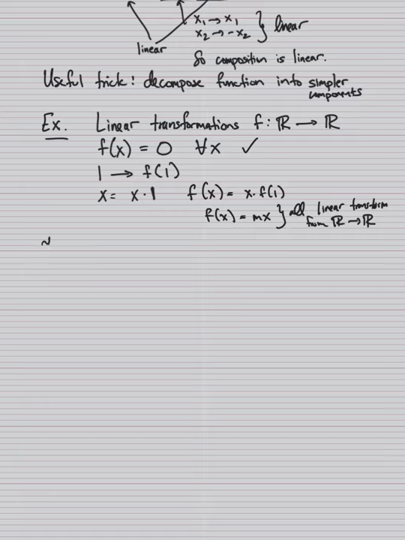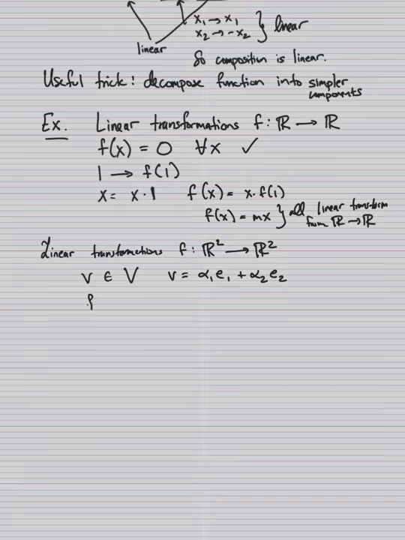So let's think about what linear transformations from R2 to itself look like. We're going to do a similar trick. Take a vector v. We know v is equal to alpha 1 e1 plus alpha 2 e2.